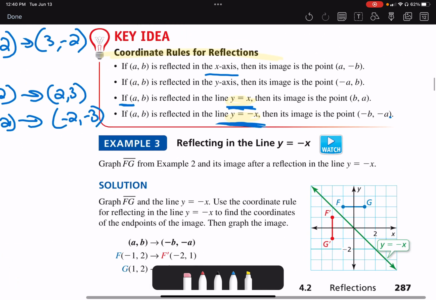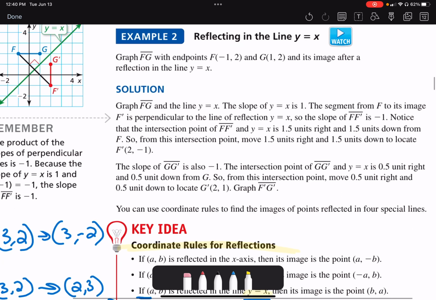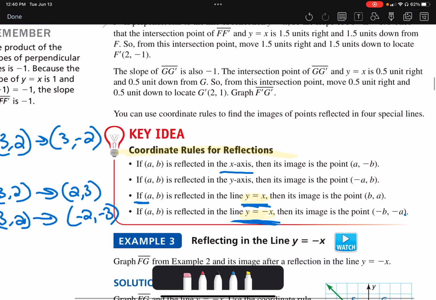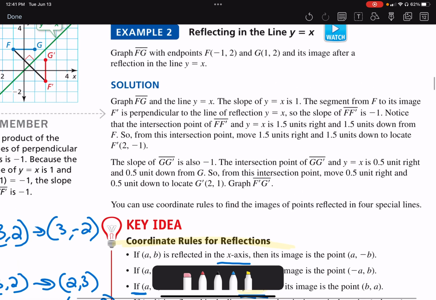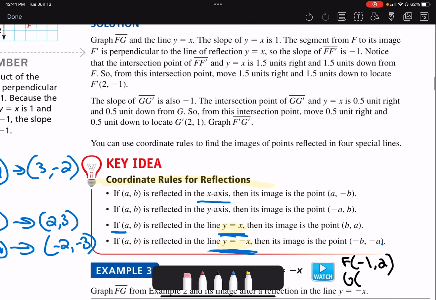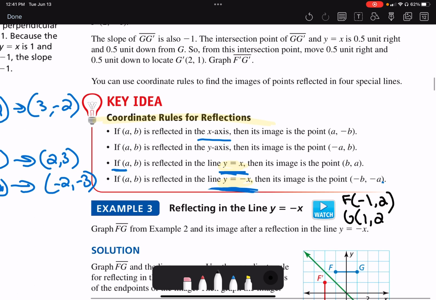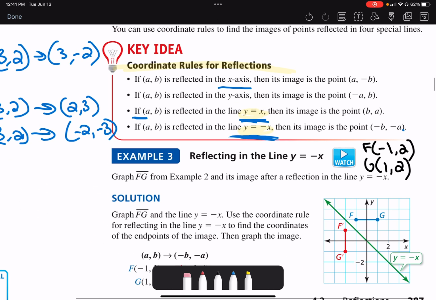So look at this. It says graph FG from example 2, and its image after reflection in the line y is equal to negative x. So where's my example 2? Right here. So we have our original, F was negative 1, 2, and G is going to be 1, 2. So once we graph that, we get this point right here, the blue.